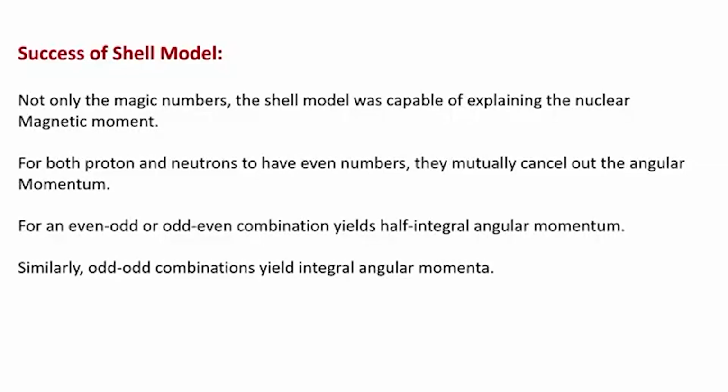So the liquid drop model explains the binding energy and various energetics of the nucleus, while the magic numbers as well as the observed angular momentum values are explained by the shell model. We shall stop here, and that concludes our discussion on nuclear physics.